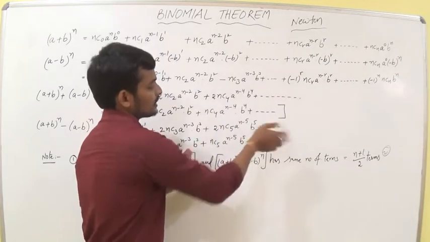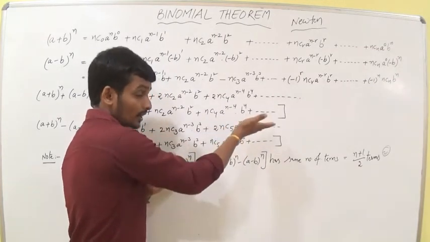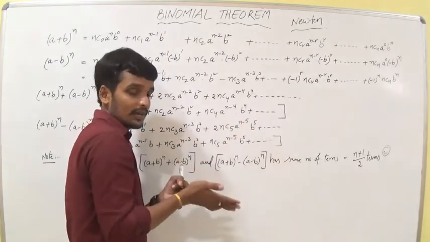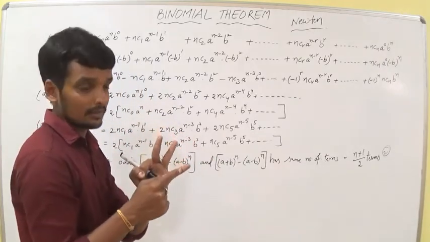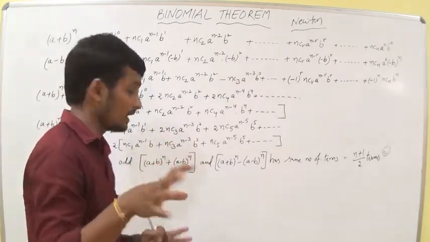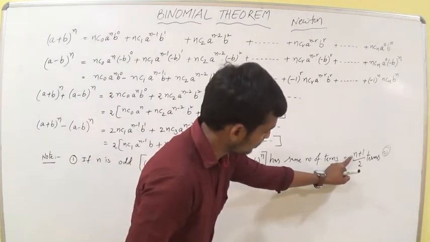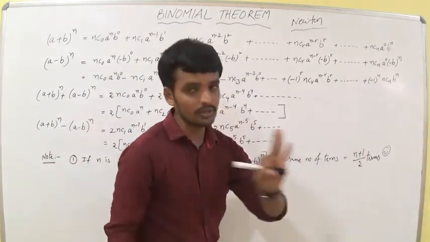After that, the next term would be 5c6, and we can't write 5c6 up to 5c5. So I am getting 3 terms. I am taking an odd number 5, so 5 plus 1 is 6, and 6 by 2 is 3.